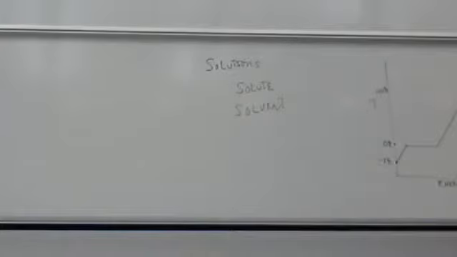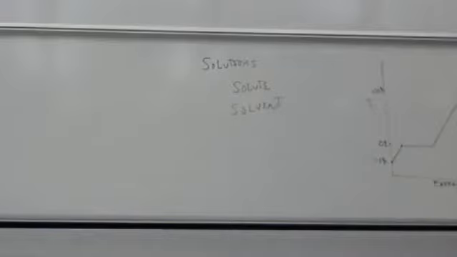Now, most solids will increase their solubility with an increase in temperature. But they vary a lot. Sodium chloride, ordinary table salt, is remarkably not one of these that increases much.